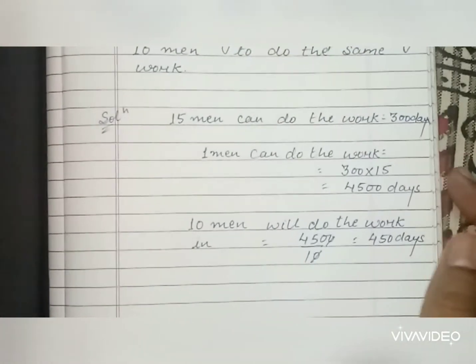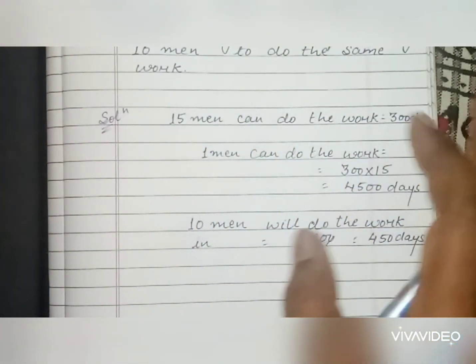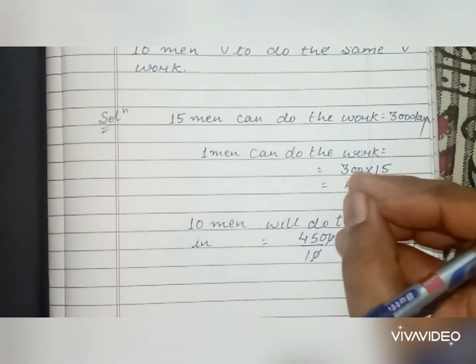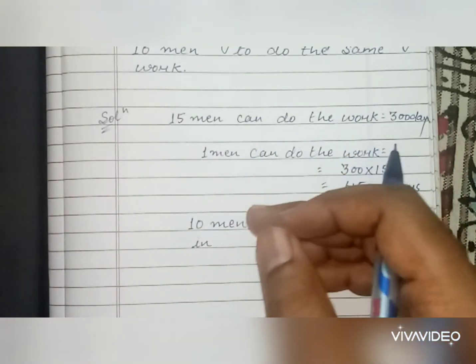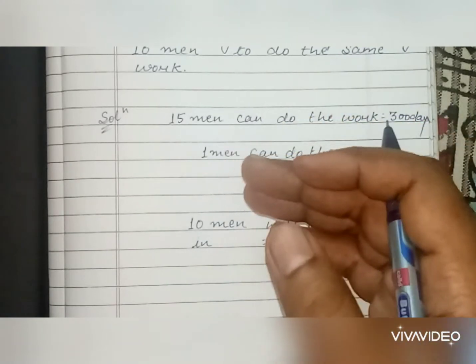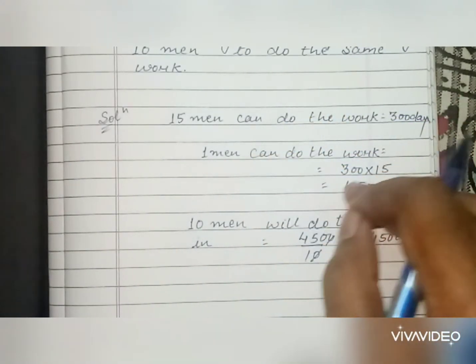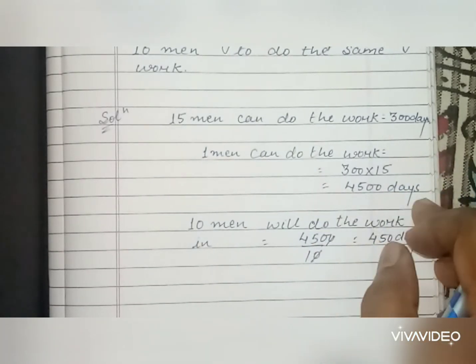Again, understand. If 15 men are doing the work in 300 days, then one man will require the maximum number of days, because he is doing the same work which 15 men do in 300 days. So one man does the work in 300 into 15, that is 4500 days.